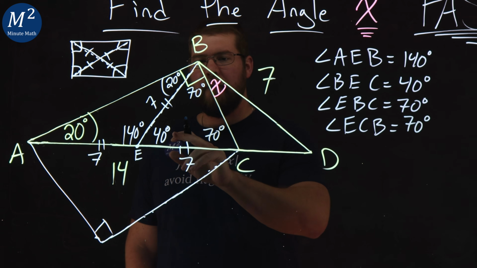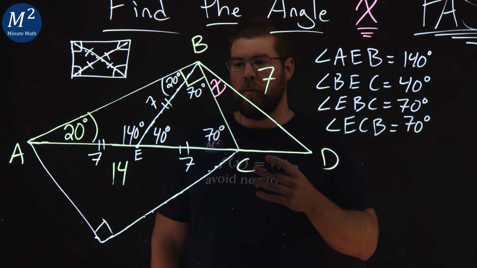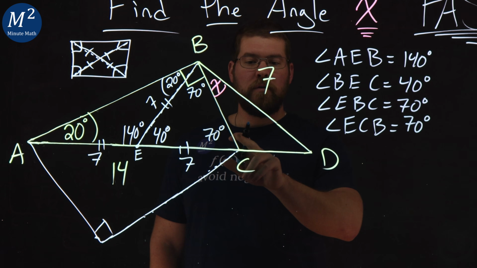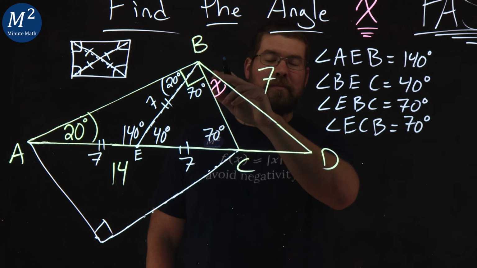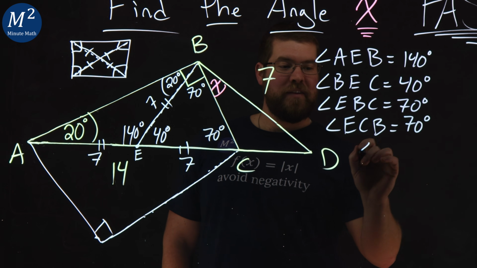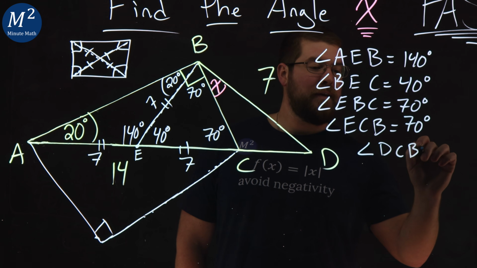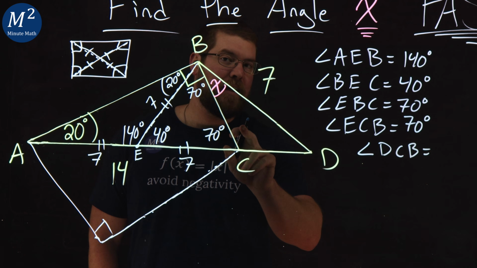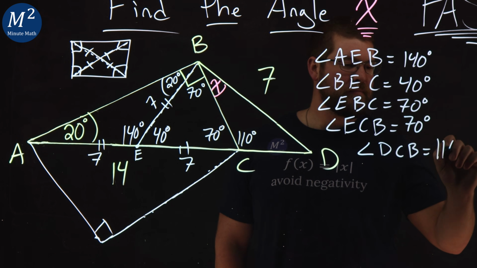We have 70, 70, 40, so where can we go from there? All right. Well, 180 degrees across a line again. So if angle ECB is 70, that means angle DCB has to add to 180 here, so we have 110 degrees.